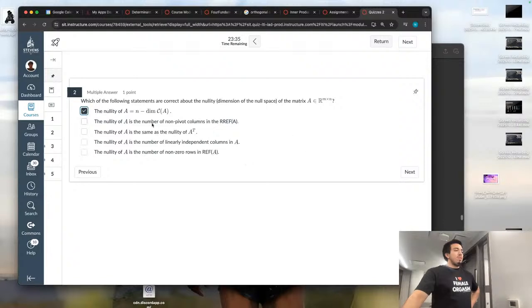So yeah, the nullity of A is the number of non-pivot columns. In RREF, really?